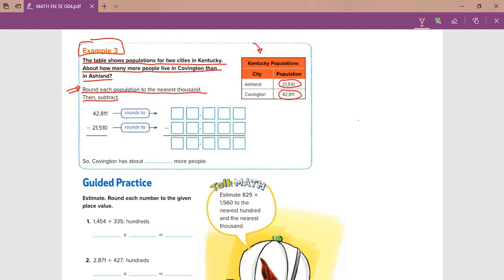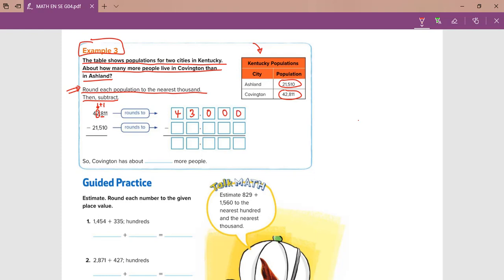First, identify the number in the thousands place, and that is 2. So I circle 2. Check the next door. The next number to it is 8. Remember, it's more than 5, so you have to add 1 to this 2. So we have 3. 2 plus 1 is 3. All other numbers after that turn to zeros.